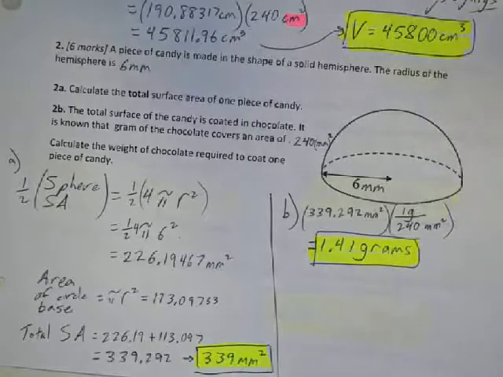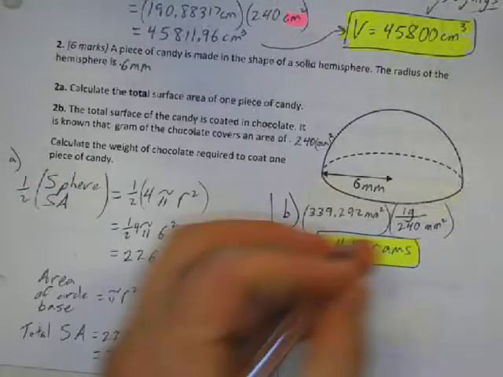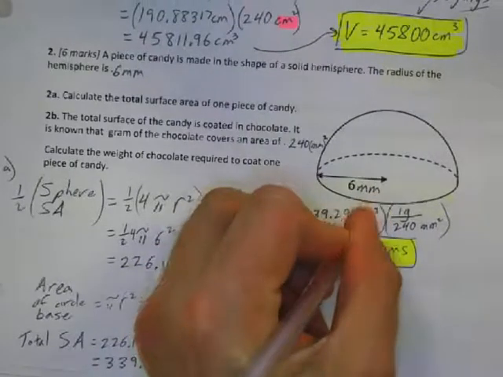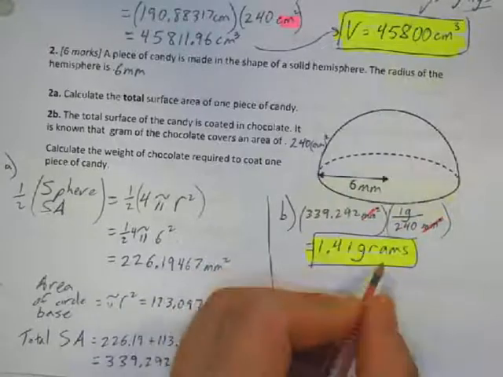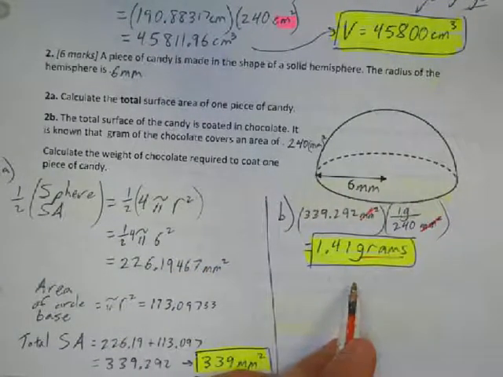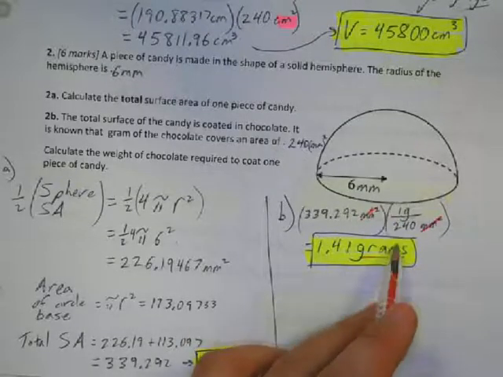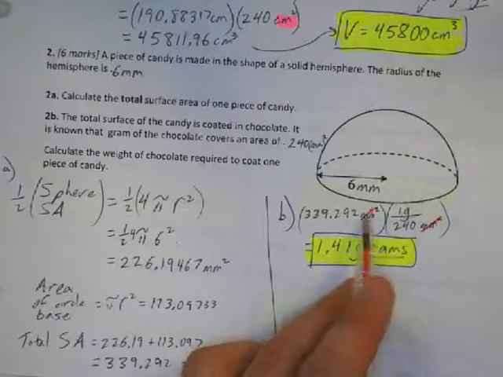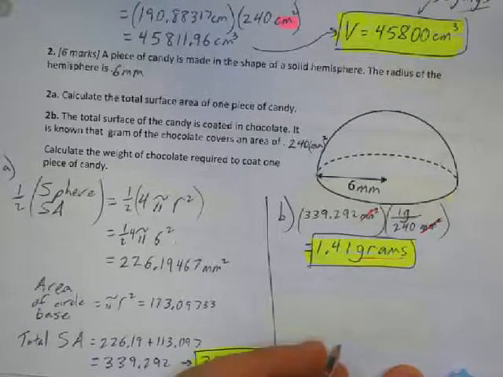Do I multiply by 244 or do I divide by 244? What you notice here is the millimeters squared cancels out, and we're left with just grams in the numerator. That's one way you can know if I'm supposed to multiply or divide, by looking at the dimensions. And that is called dimensional analysis.